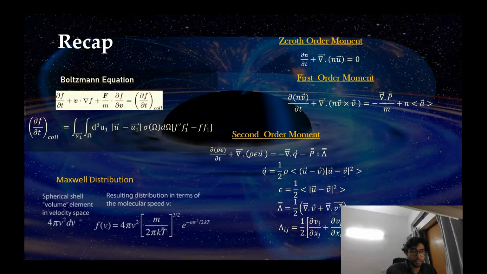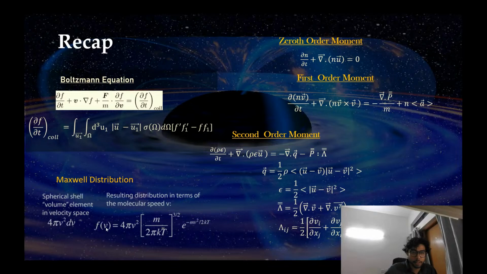And now we ask the question, how should the distribution function f look if we have a system which is in thermal equilibrium? By thermal equilibrium, I mean that all the energies are evenly distributed among the particles, right? So any system which is in thermal equilibrium will have a distribution which is given by the Maxwell distribution, right?